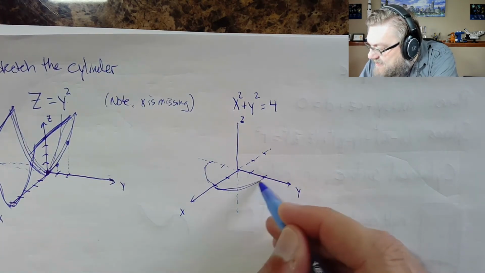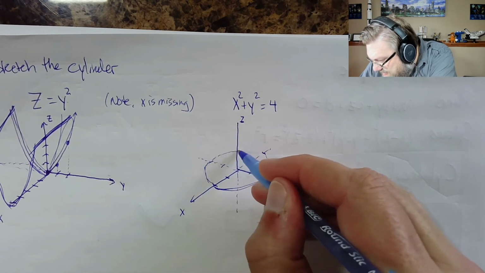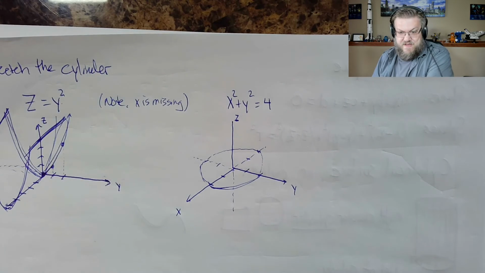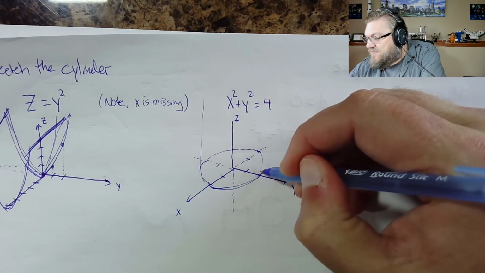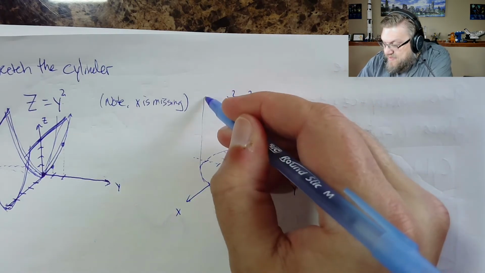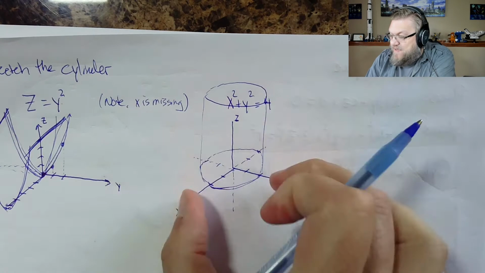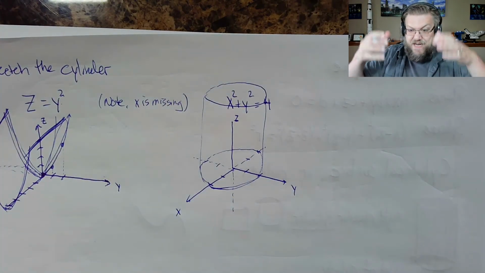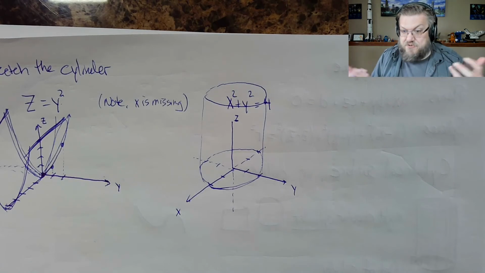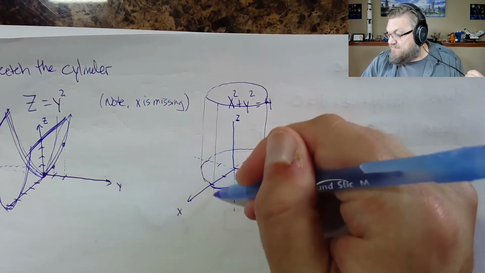Something like that. And now I know that I'm going to get copies of this circle all the way up. So there's going to be even a copy up here. I just make a copy of that there, copy of that there. And I know that I'm going to get stack upon stack upon stack of circles of radius 2, forming a cylinder. See that?